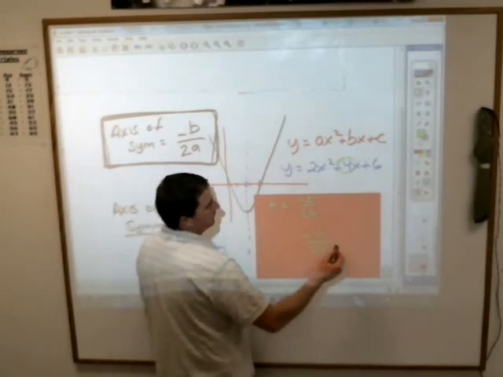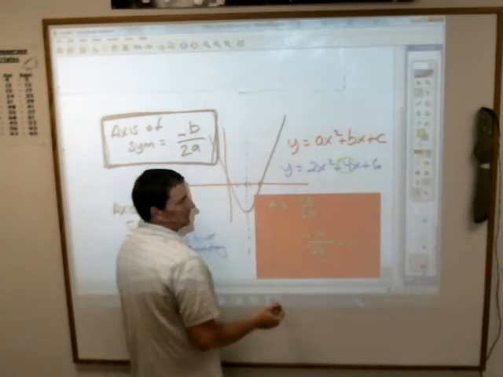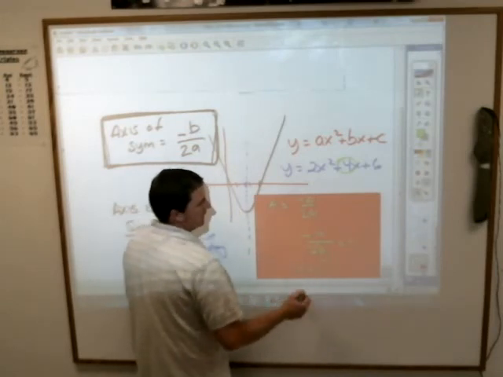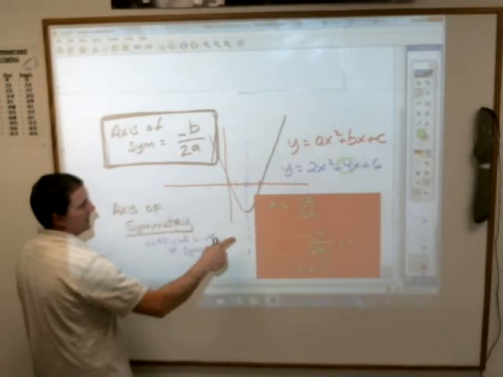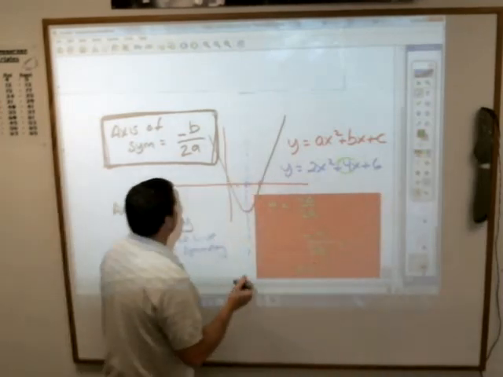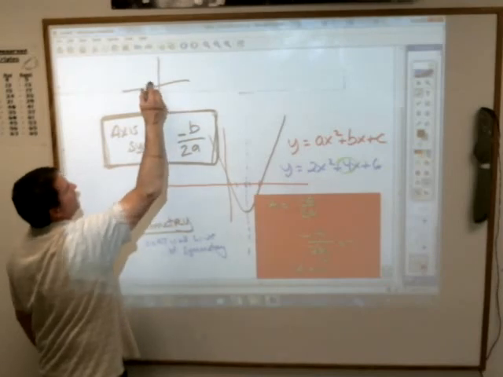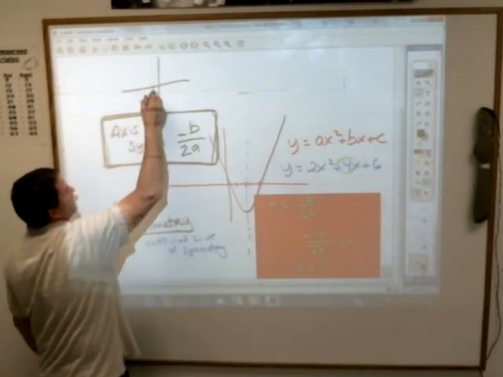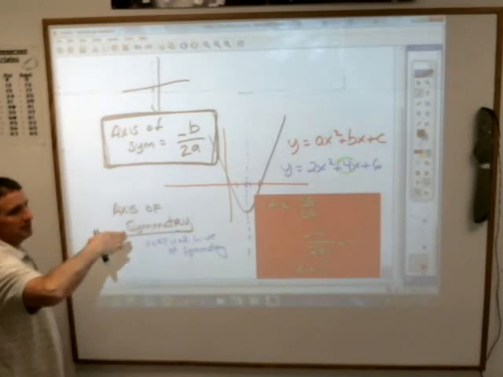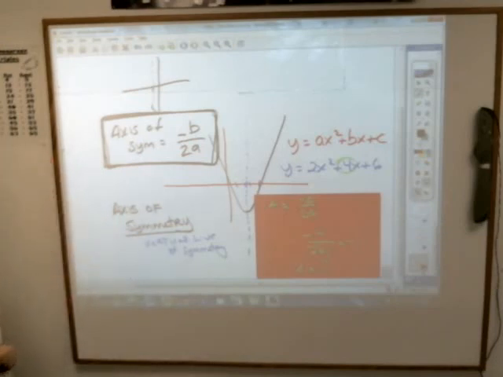So negative 4 over 4 is negative 1. Okay, so x equals negative 1. When you're graphing that, here at negative 1 is where you draw that dashed line, and that's the parabola's axis of symmetry. It's going to be symmetrical about that line.